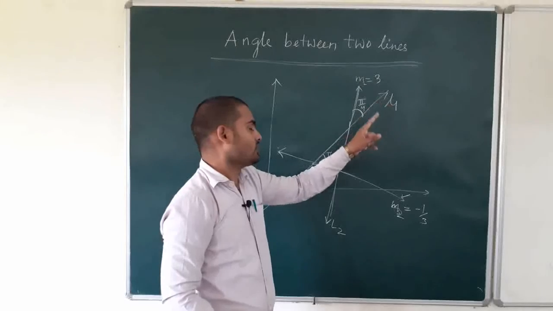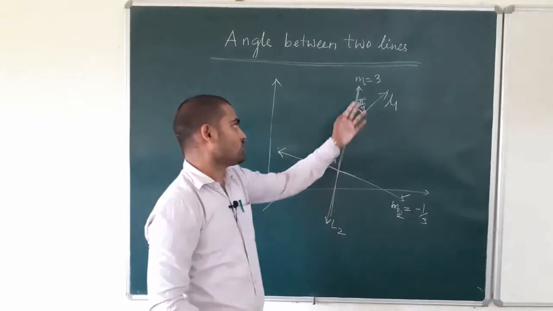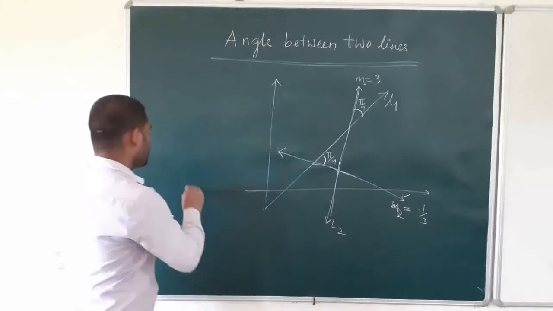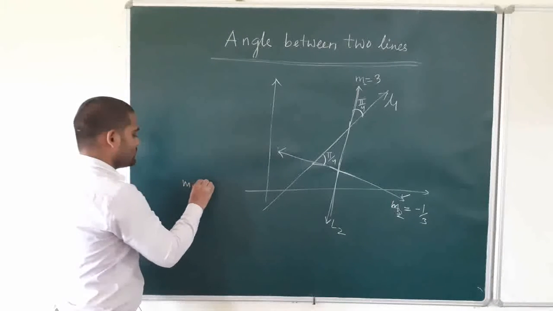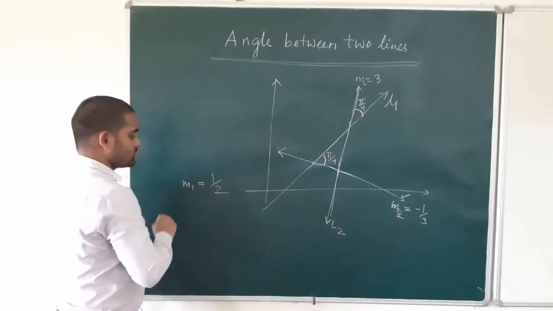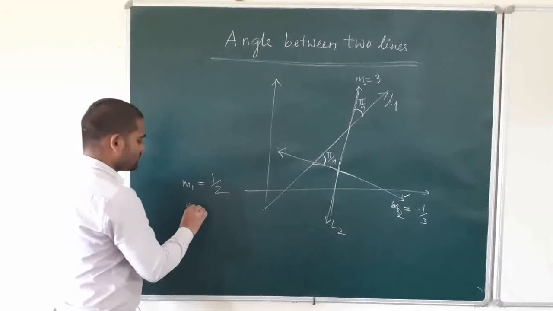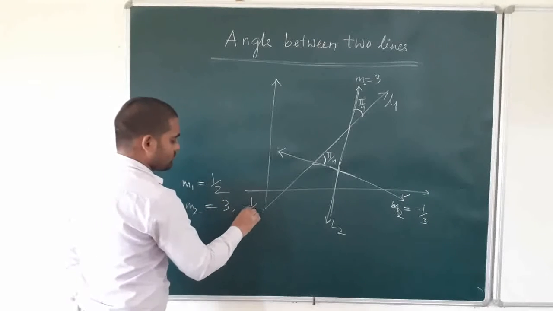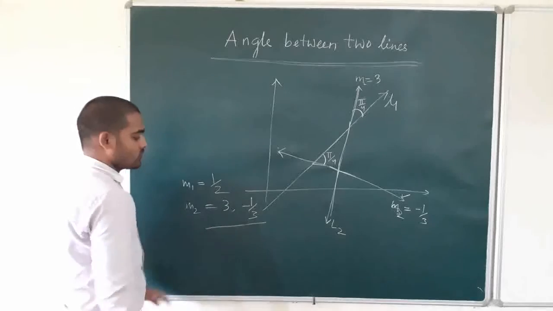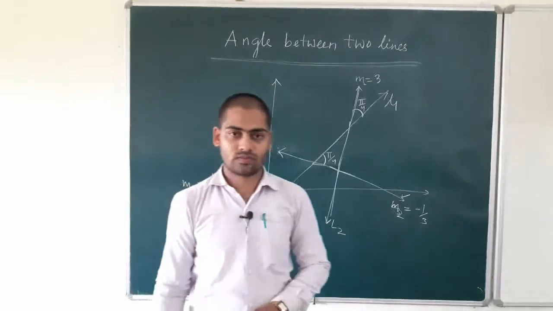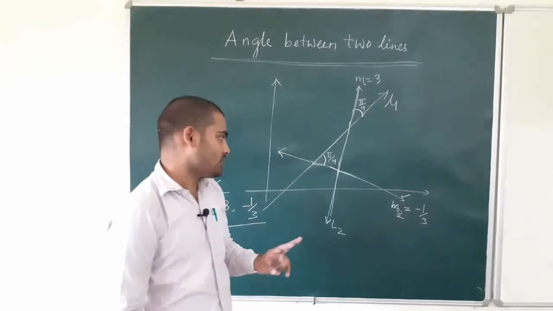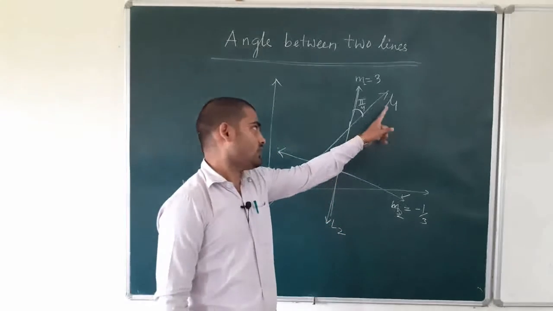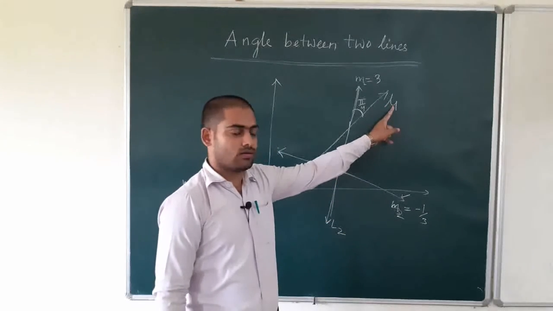M1 is given as 1 by 2, so m2 we have 3 as well as minus 1 by 3. Two lines are making an angle of 45 degrees with line L1.